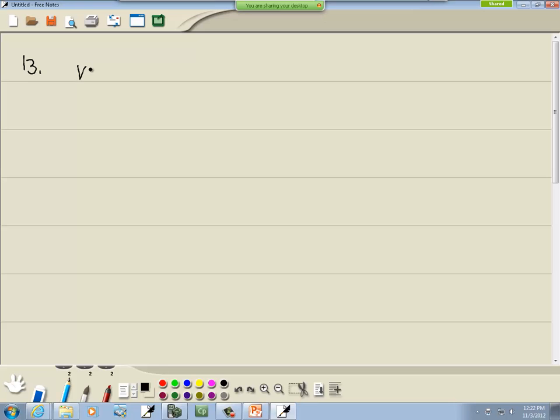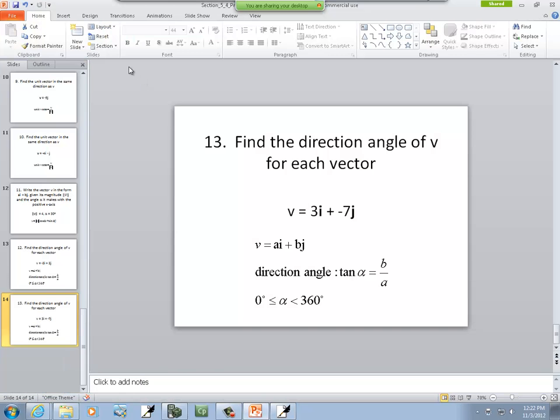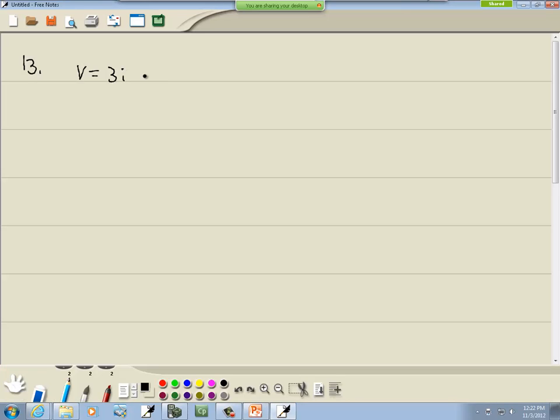We got v is equal to 3i plus, and I got a negative, I don't know why I did it that way, but minus 7j. Well, let's first graph this, just kind of get an idea. What are we looking for? Okay, 3i. So we go 3 on our x-axis. Negative 7j.